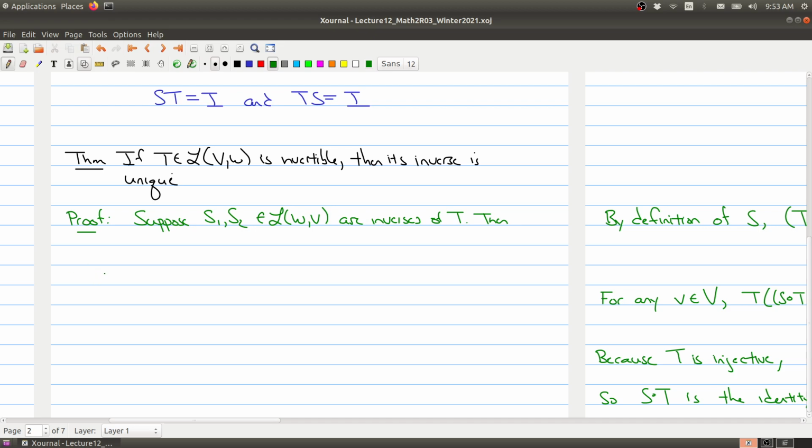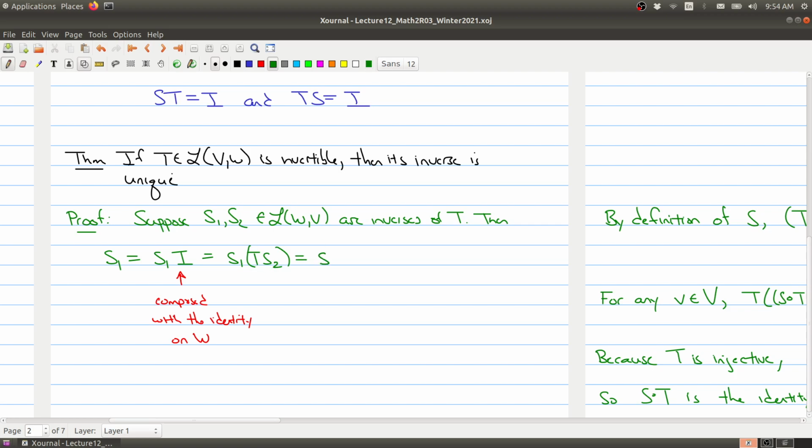Well, S1 is the same thing as the map S1 composed with the identity on W. But because S2 is an inverse of T, we can replace this identity with T composed with S2. So that follows. We're just replacing I with this function because this function is also the identity on W.